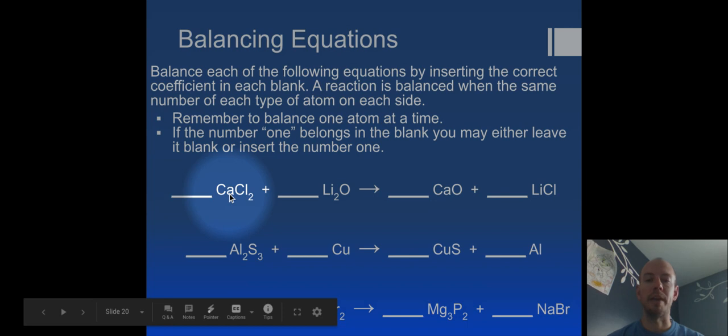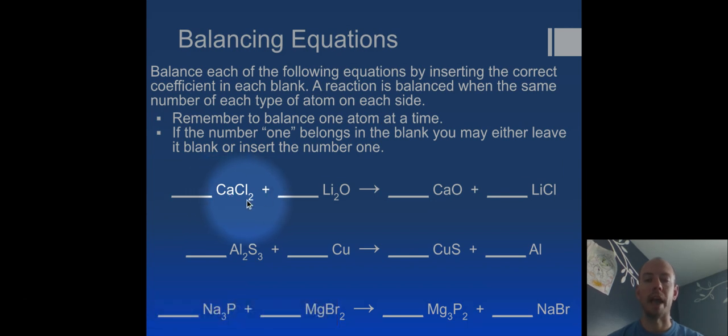In this first one, we have calcium chloride, 1 calcium, 2 chlorides, and lithium oxide, 2 lithiums and 1 oxygen. On the right side, we have calcium oxide, 1 and 1, and lithium chloride, 1 and 1. So we've got some numbers on the left that aren't duplicated on the right. With our calcium chloride, we see 1 calcium, 1 calcium.